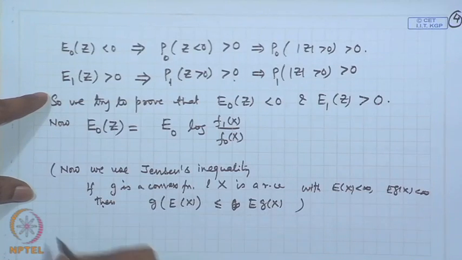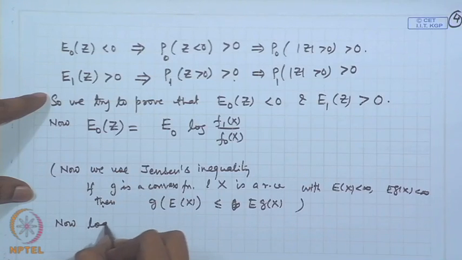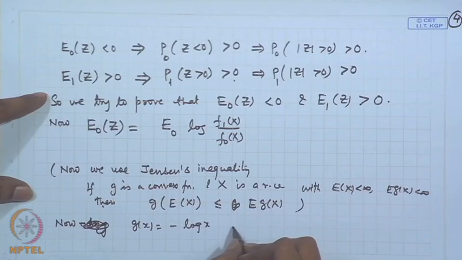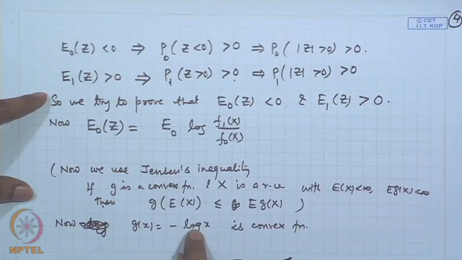Now, if we want to use this, you observe that let me write g x is equal to minus log of x. Then this is convex, because if I differentiate, I will get minus 1 by x, second differentiation will be 1 by x square.